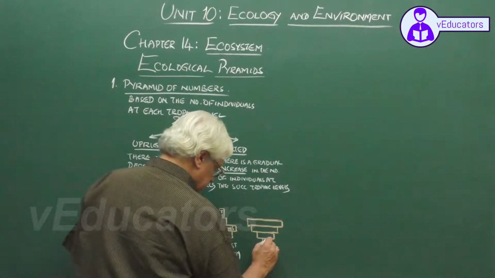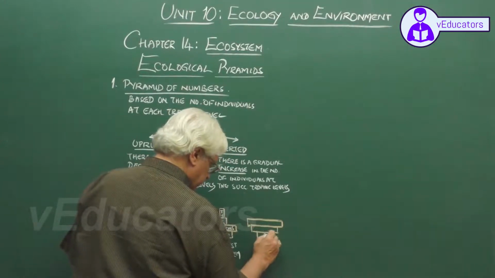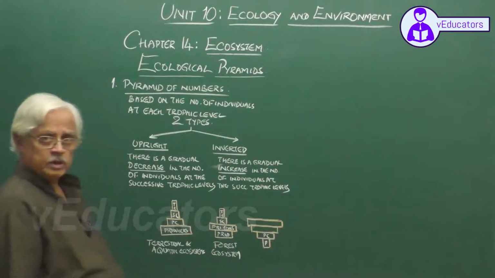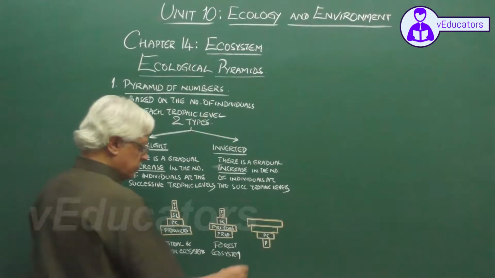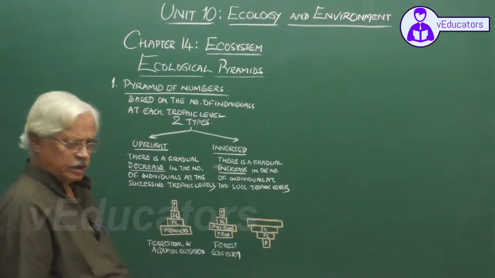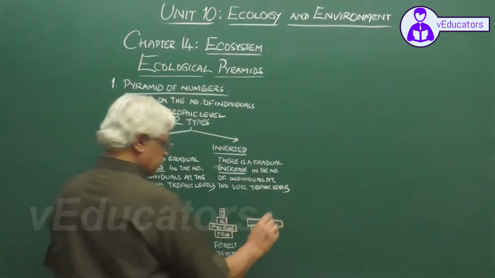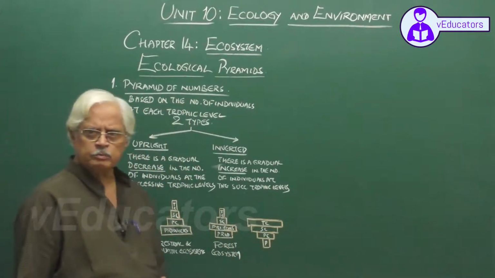This is producer, the tree. This is primary consumer, the birds. Secondary consumers, bird lice. Tertiary consumers, protozoans.